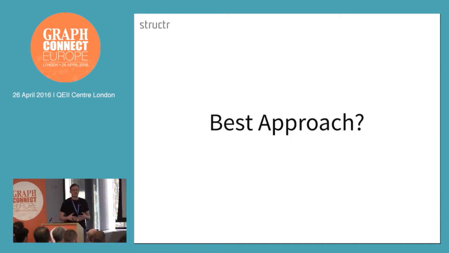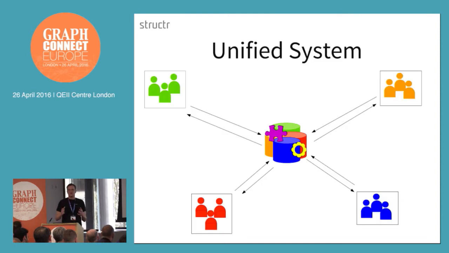So what's the best approach, or what is the approach we think is the best? It's to create a unified system. What does a unified system mean in this context? I try to symbolize that with the different colors and the different elements in these images.